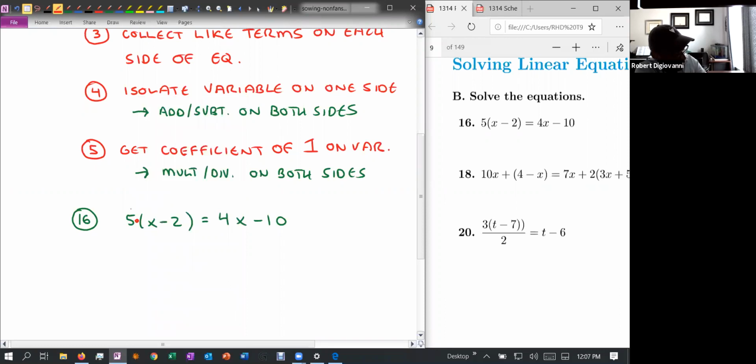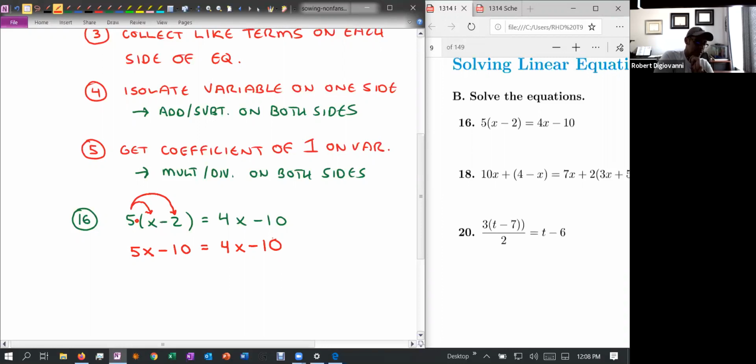So we are going to multiply the 5 times the x, and then the 5 times the 2, or if you like, you can do 5 times -2. So 5 times the x gives us just 5x, and 5 times -2 gives us -10. So we've removed the parentheses, we've simplified by distributing. And then on the right side, there's nothing we can do to simplify. 4x minus 10 is 4x minus 10.